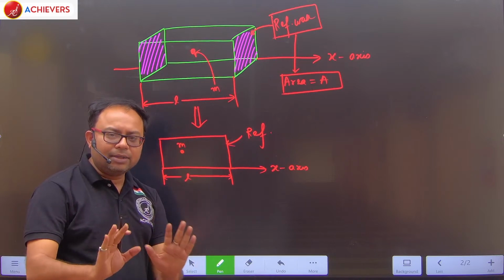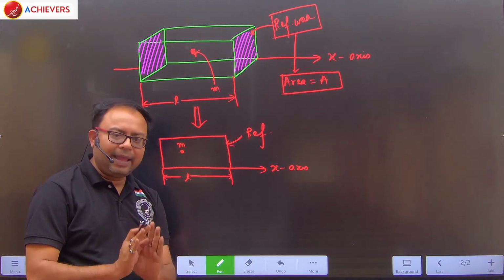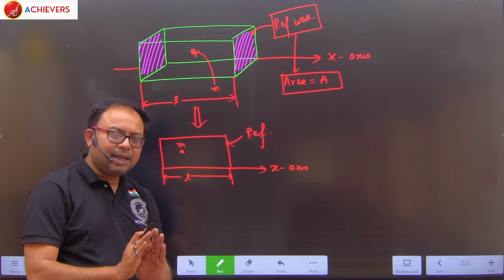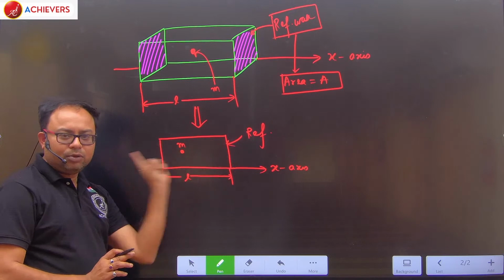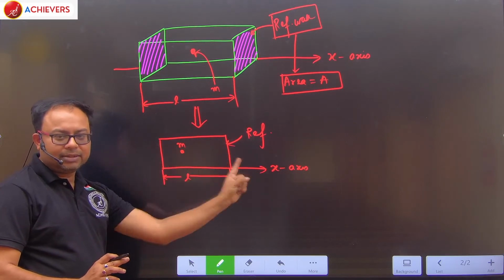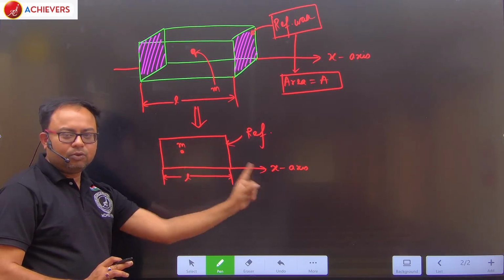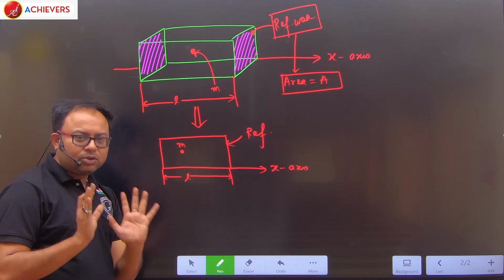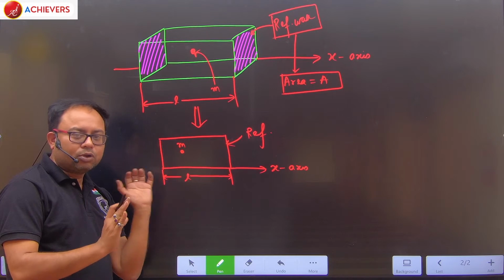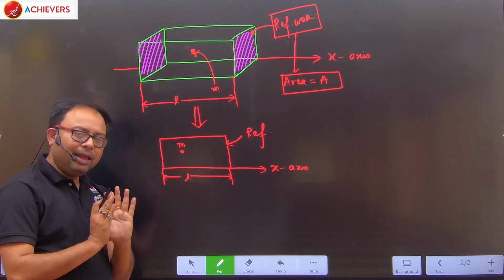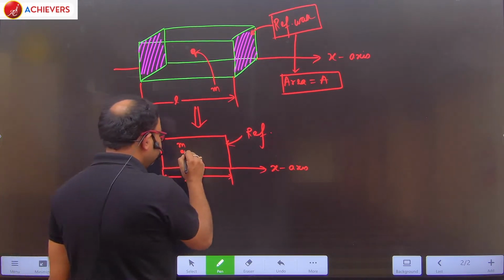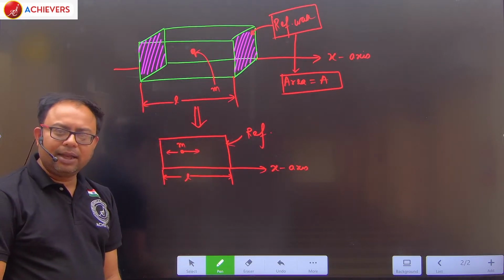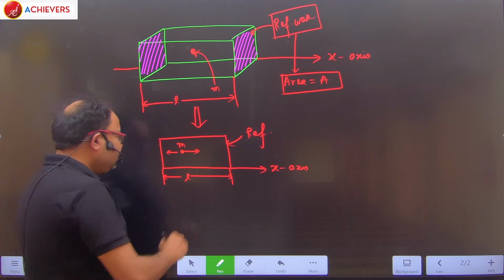Say we are considering the motion only along x-axis. That is, the molecule is executing a to and fro motion in this direction. So we would now solely confine the motion of the gas molecules along x-axis.